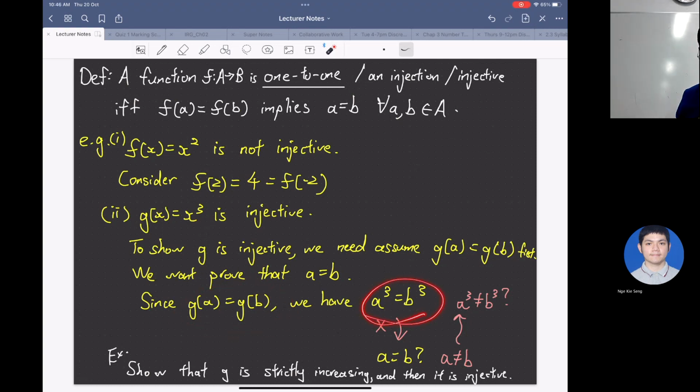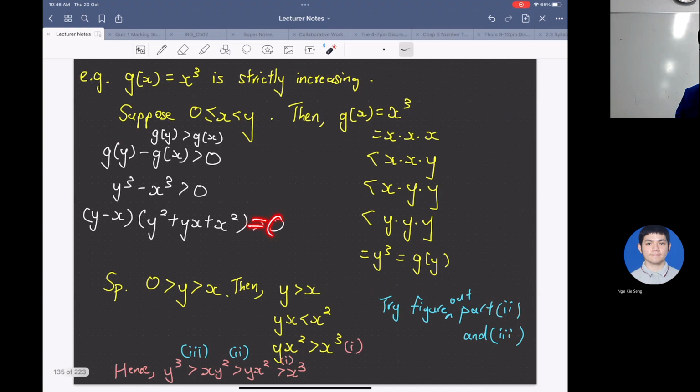Assume this is true, and then you check when this is equal to 0. The only way is for this to be 0, because the root of this polynomial is not real when you check the discriminant. But I will write it out in the lecture notes later when I upload it.